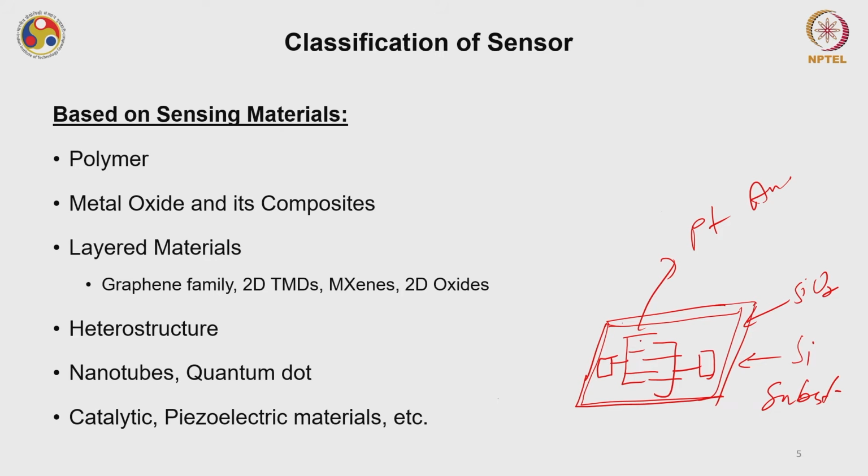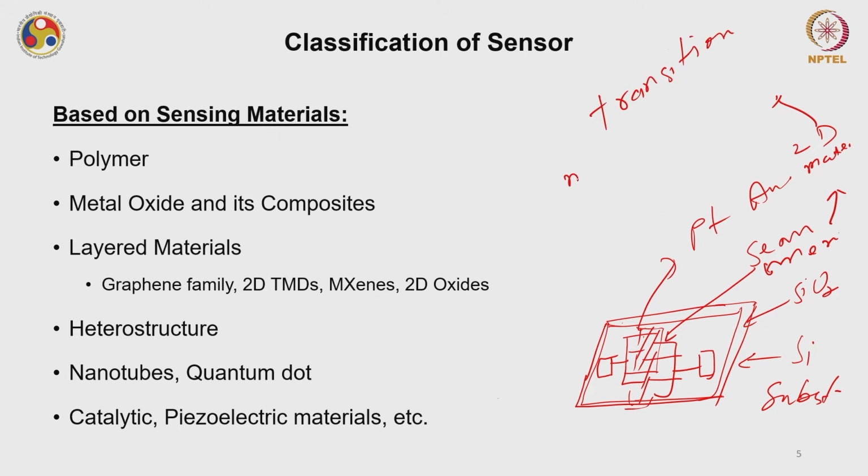On top of this, I have a receptor material. This receptor material can be any semiconducting material. It can be a metal oxide or another 2D material, for example transition metal dichalcogenides.